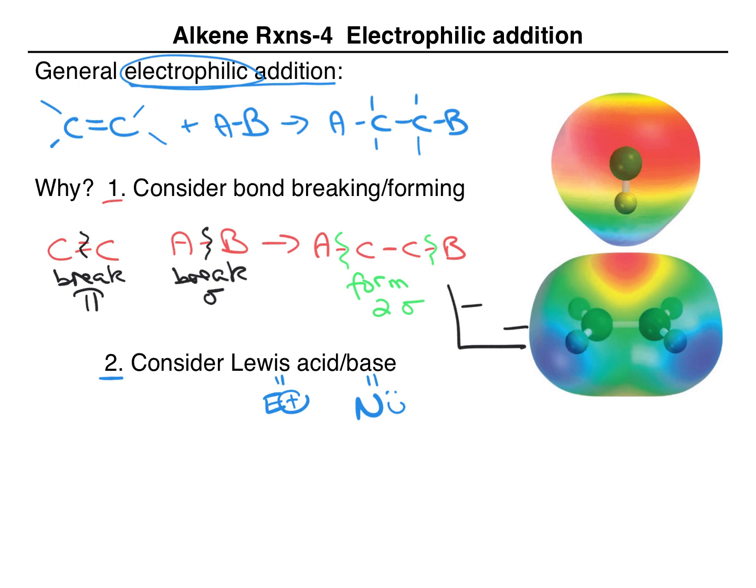Again, blue is positive, red is negative, and we have a lot of electron density above and below the plane that contains the alkene carbons. Now, if we have a species that has positive character, then the alkene can share electrons with the electrophilic atom. So the alkene acts as the nucleophile, sharing electrons with an electrophile.